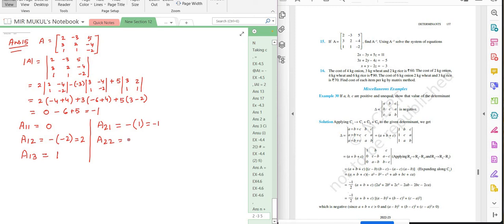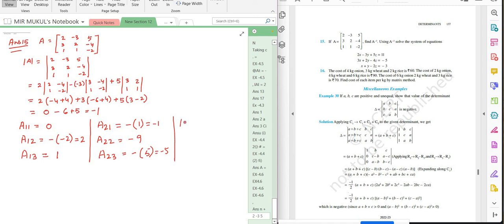So minus 9. A23. Then next will be positive, negative, positive, negative. Minus 1 to the power, here odd is coming, so it will be negative. Second row and third column removed, then 2 plus 3, that is 5. So we are getting minus 5.